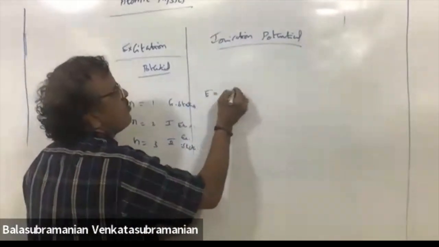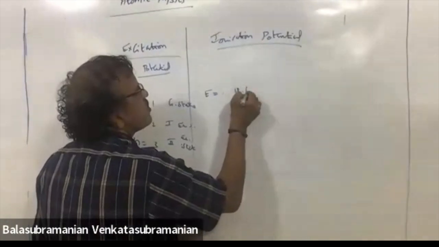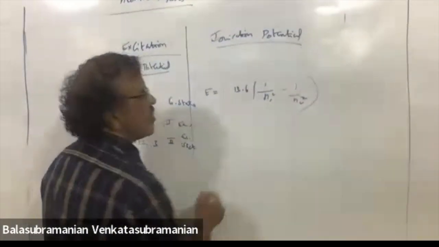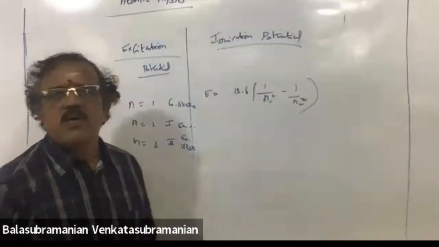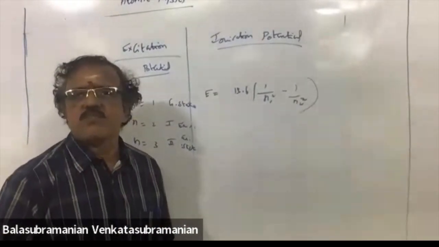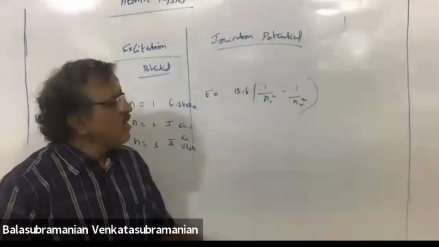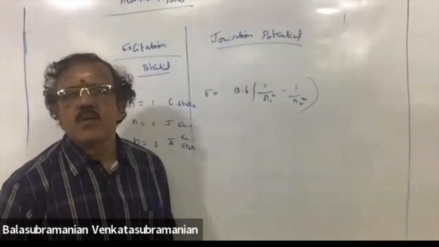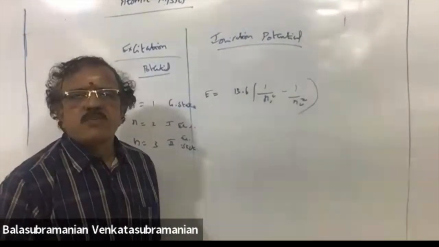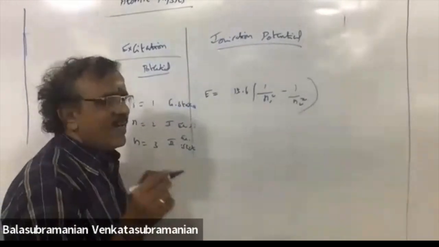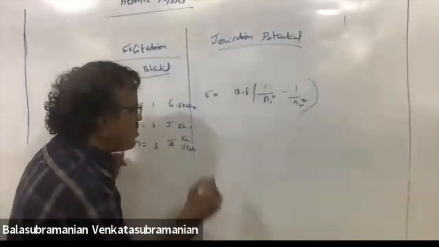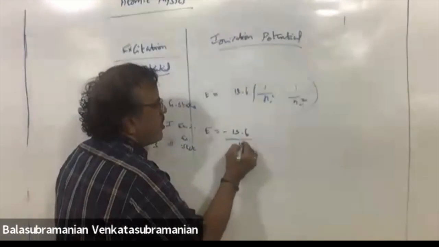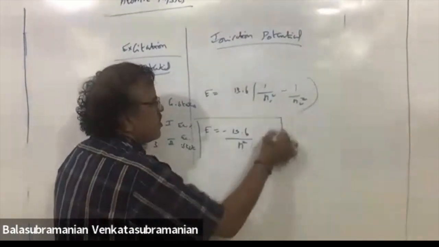E is equal to minus 13.6 into 1 by n1 square minus 1 by n2 square, the energy difference, lower orbit, higher orbit. So, what is the basic formula? E is equal to minus 13.6 by n square electron volt.